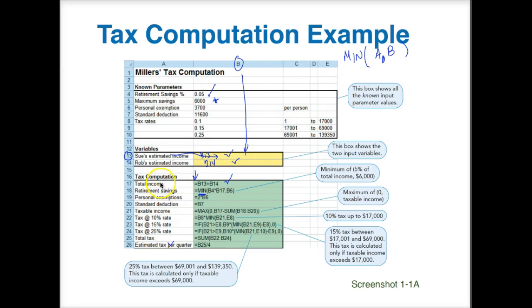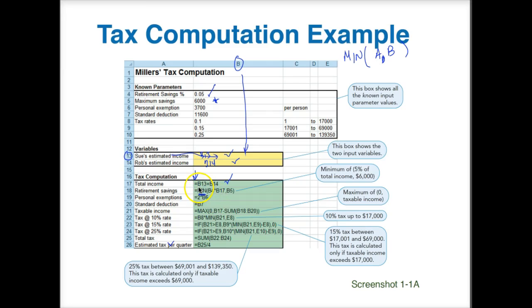Now, according to what we see here, with cell B18 talking about the minimum of B4 times B17 and B5, we know that B4 times B17 is going to be the 5,000, and we know that B5 is going to be the 6,000. So we're going to take the minimum of those two, which is going to be the 5,000, and that's what we put into the retirement savings.